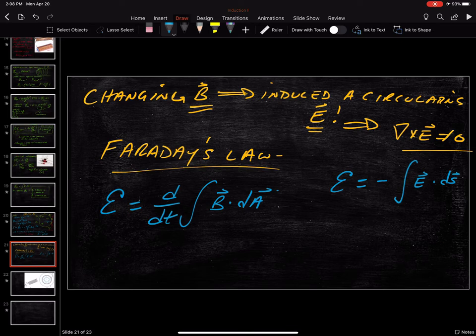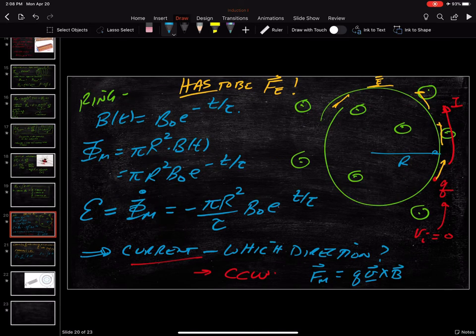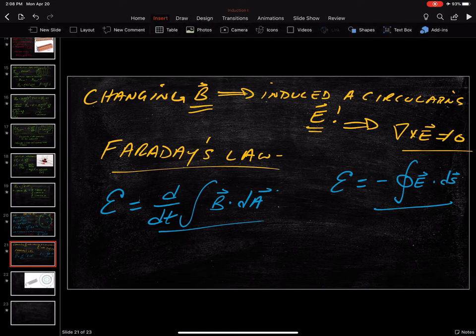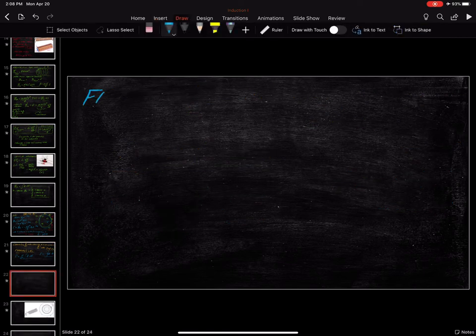Now, in this case, if I think about what that electric field is doing, it's going around here in a loop. So I need to integrate this thing over a closed loop because this induced voltage is making the current circulate around in here. And so all I have to do is just compare this to this. And then I get Faraday's law in integral form.